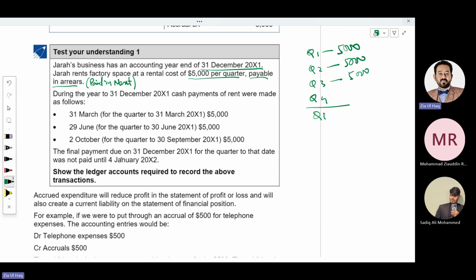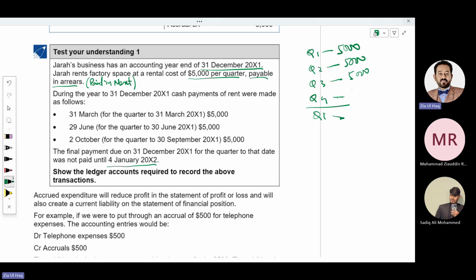The final quarter due on 31st December was not paid until 4th January, mean company haven't paid till 4th January.